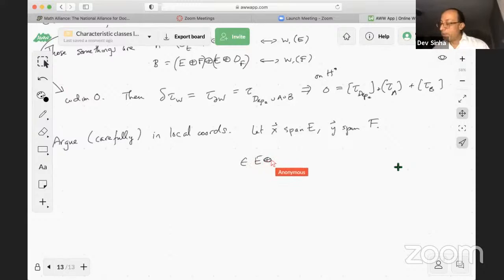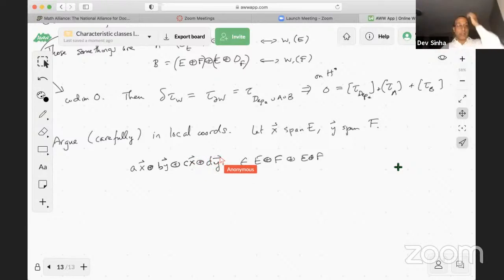If I've got something in E plus F plus E plus F, then I can think of that as some A times x, B times y, another C times x, and D times y. So locally, you give me 4 numbers, I've got an element of the fiber. The other coordinate would need to be the base in the manifold, but we're going to ignore those. These will all happen over all base points similarly.